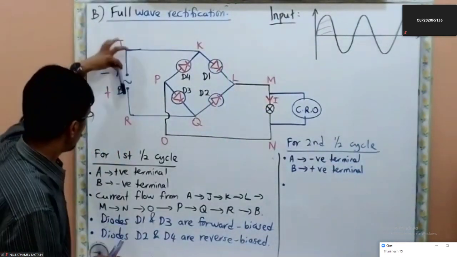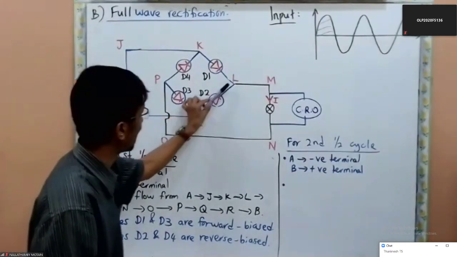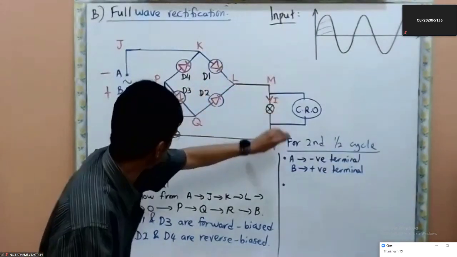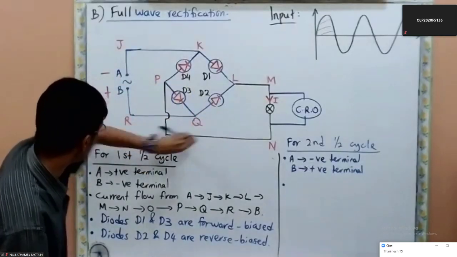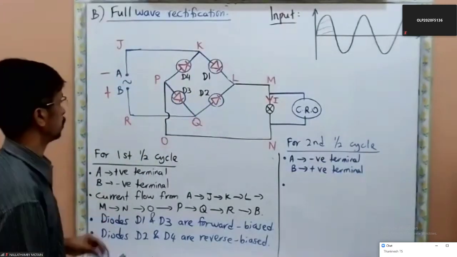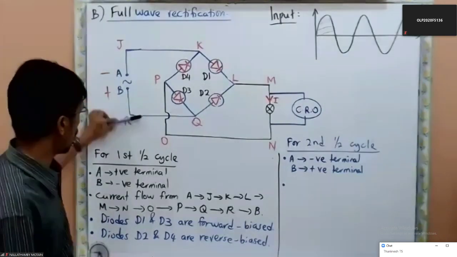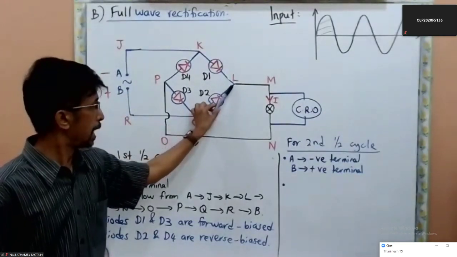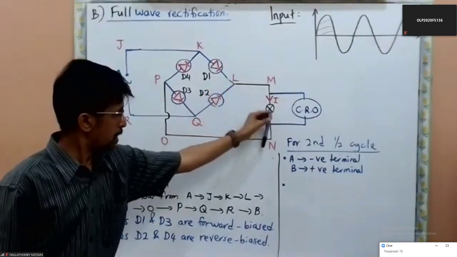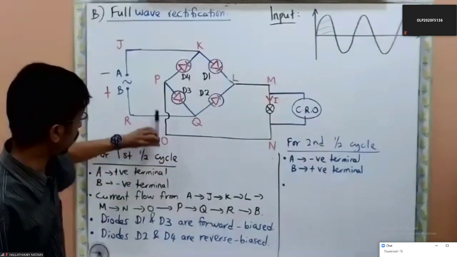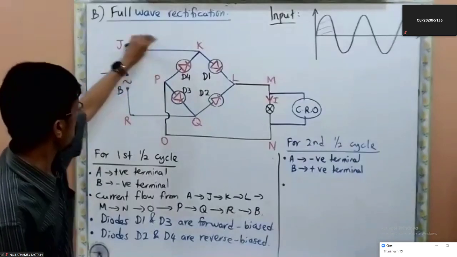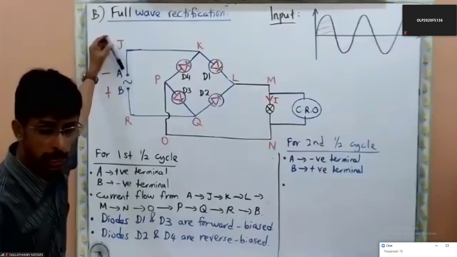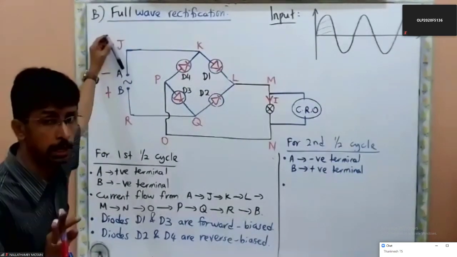So the current flows B, R, Q, L, M, N, O, P, K, J, A. I will repeat this again next week, but a bit faster.